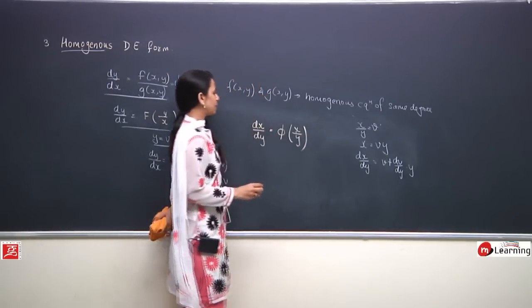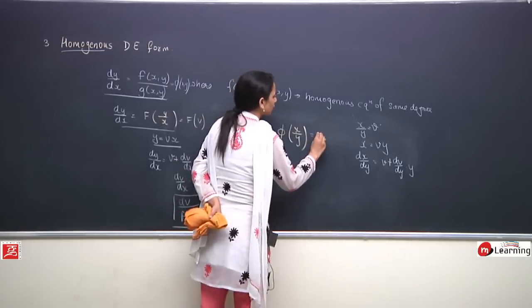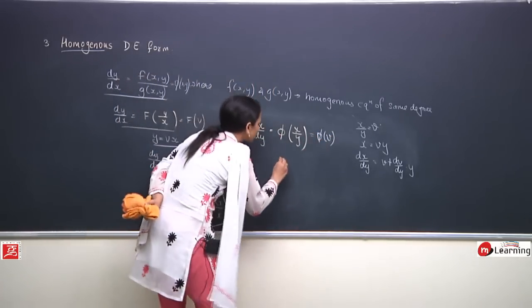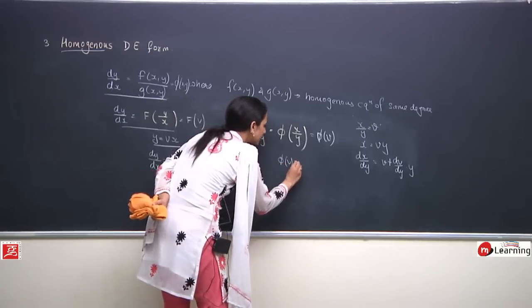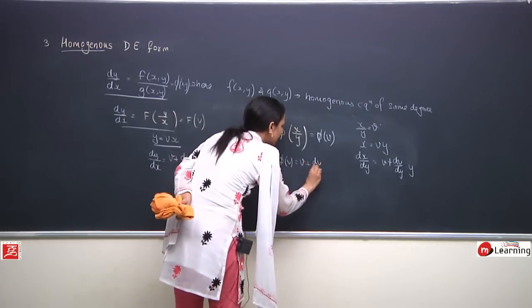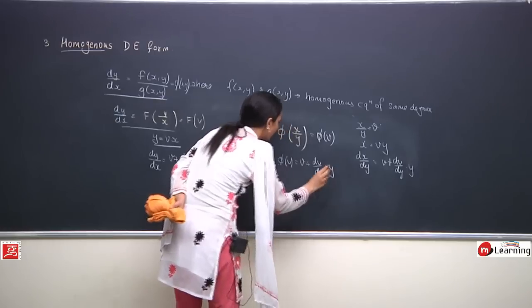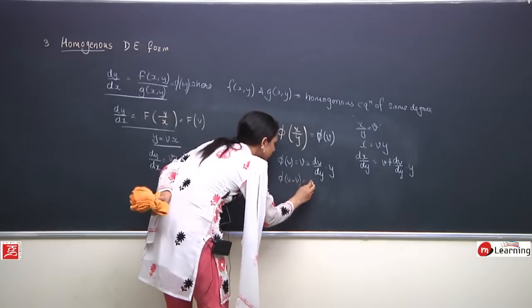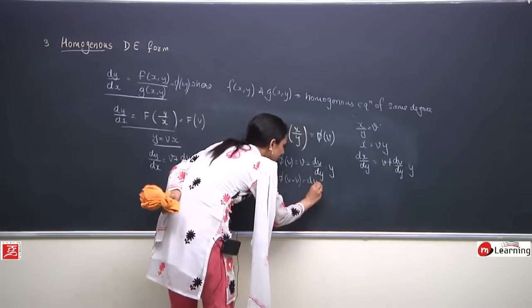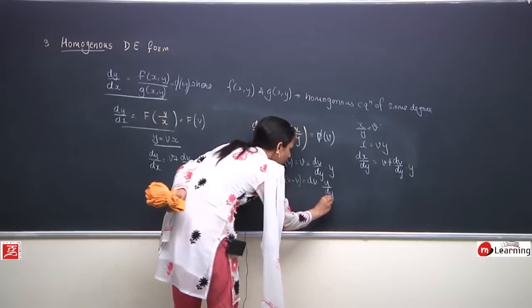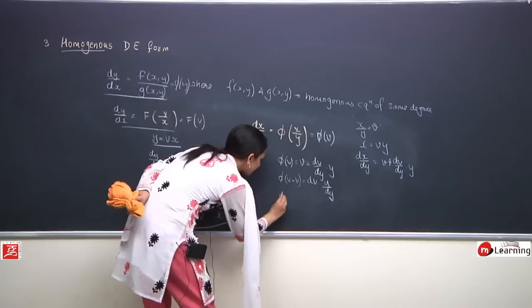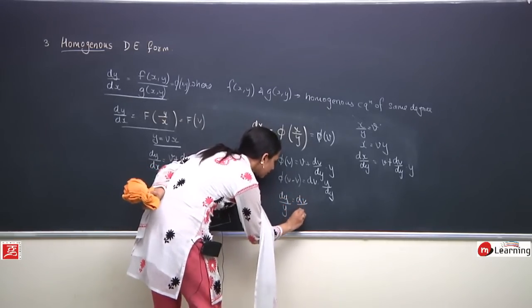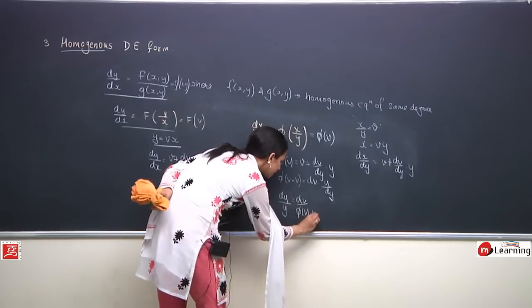And we know what is dx by dy? dx by dy is equals to function of v. So I can write phi of v is equals to v plus dv by dy into y, or I can say phi of v minus v is equals to dv into y upon dy, or in variable separable form this can be reduced to dy upon y is equals to dv upon phi of v minus v.